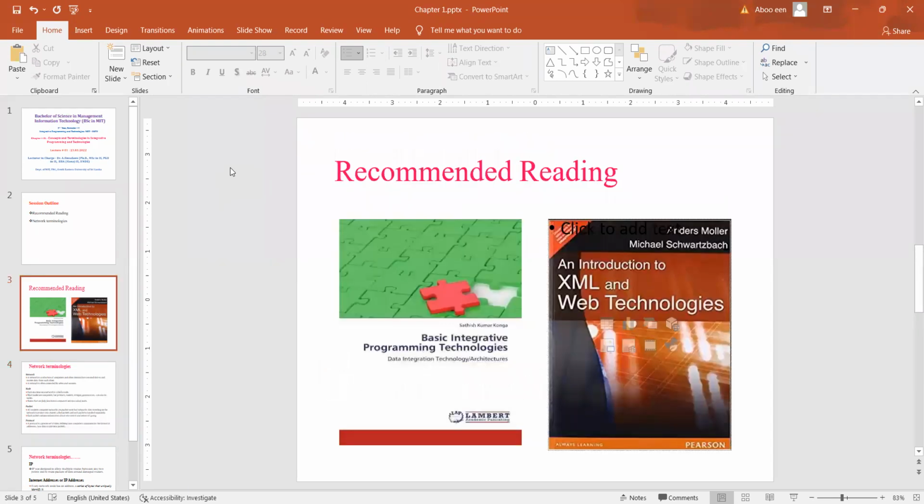Okay, now tell me, what is a node? Each device in the network is called a node.